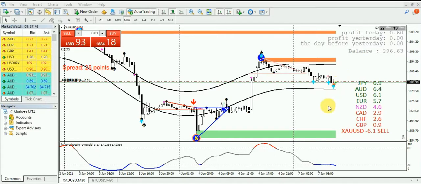But when there is news and the market moves higher, you're going to make a loss. Then you say, oh, this EA is not working, or the EA is not good, but you are not using it as it is meant to be used.